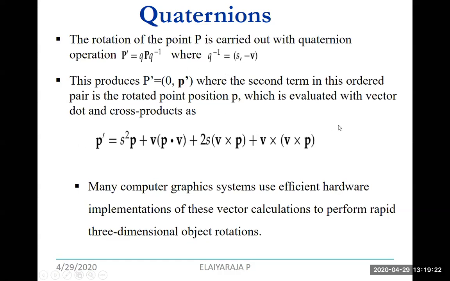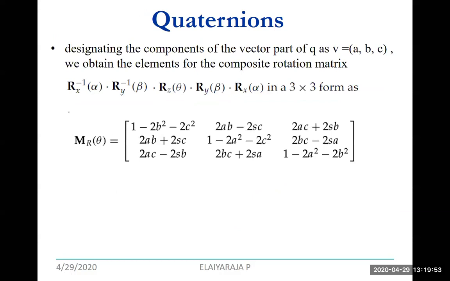You can write p dash equal to s square p plus v times the dot product of v and p, plus 2s times the cross product of v and p, plus the cross product of v with the cross product of v and p. Many computer graphics systems use efficient hardware implementations of these vector calculations to perform rapid three-dimensional object rotations.